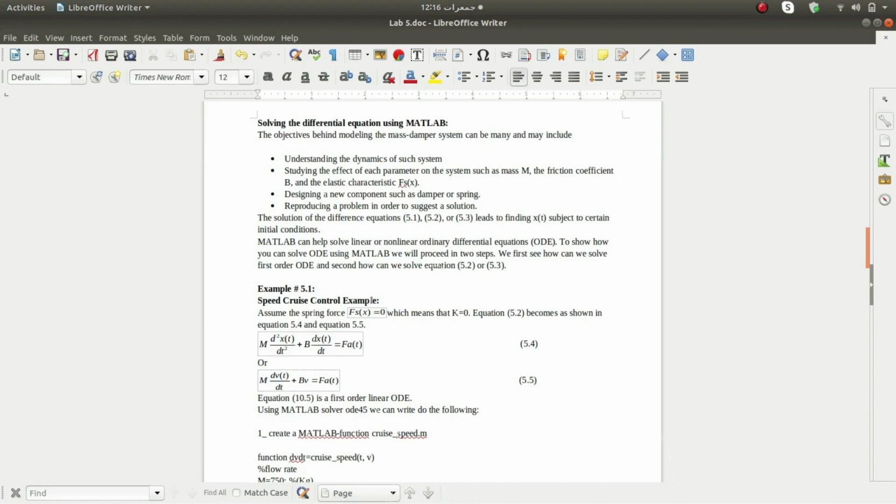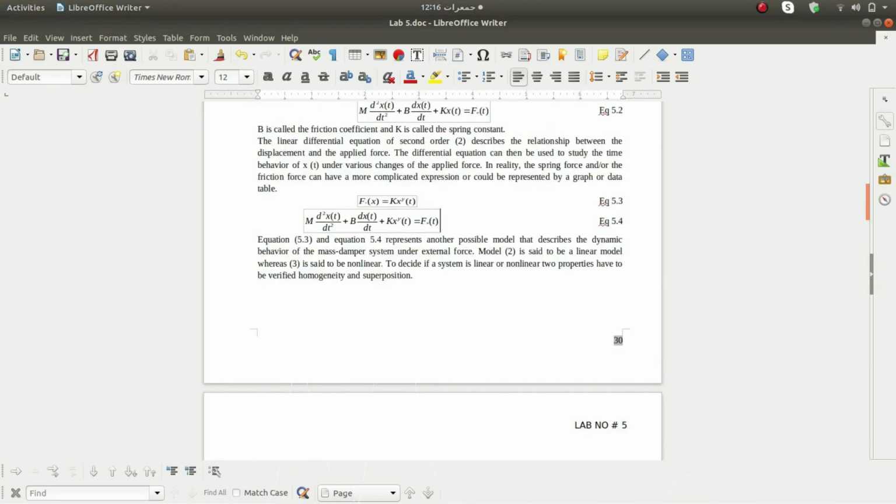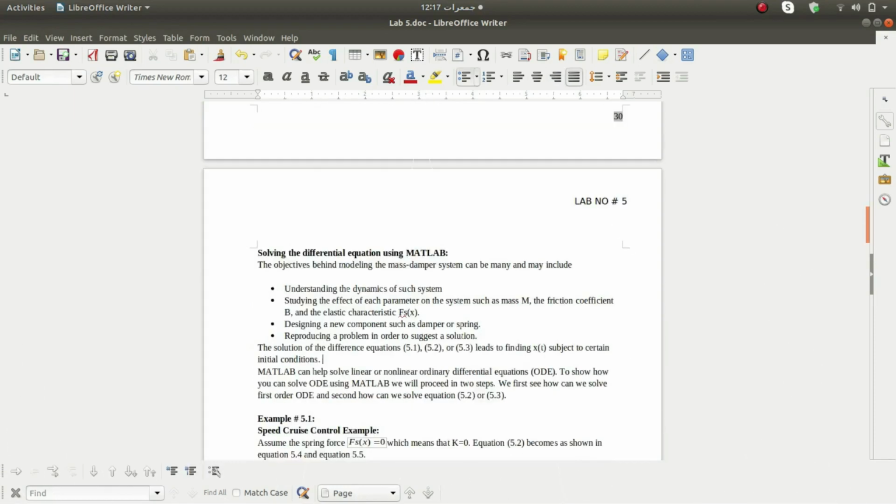Here you can see that from the same above equation, we have derived equation number 5.2, this one. In this equation, we have supposed the spring force F of S equals 0.